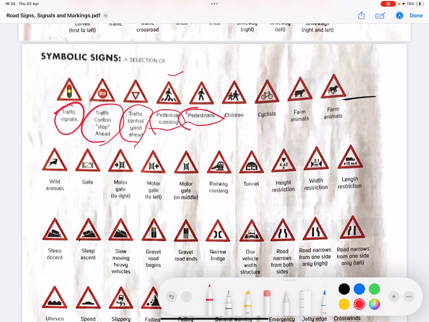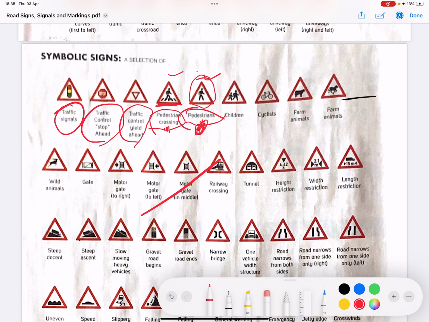All right. So the difference between the two, pedestrian crossing and pedestrians, is that with the pedestrian crossing, be aware that there is a pedestrian crossing ahead. When they say be aware of pedestrians, when you're seeing this, that means there might be people just crossing the road.